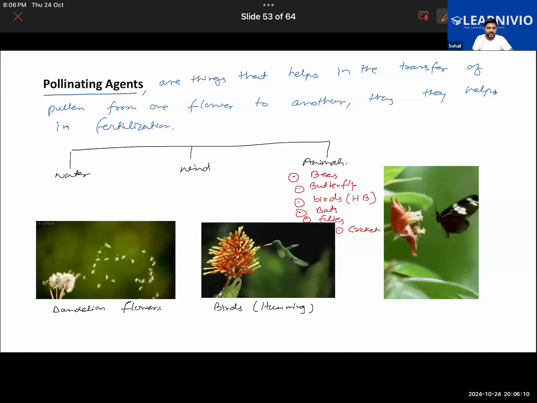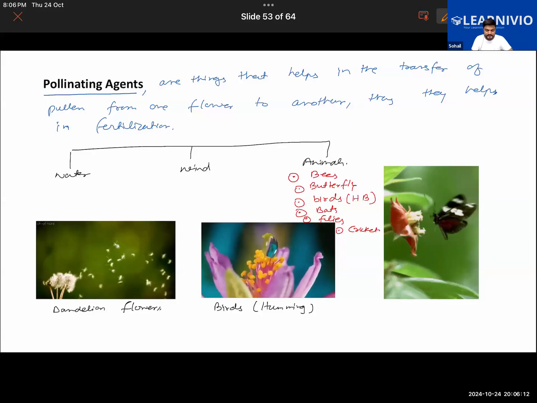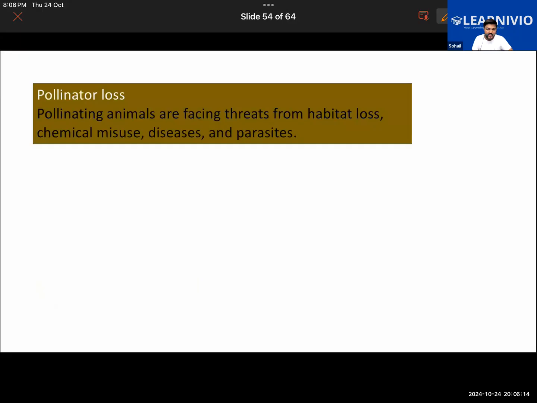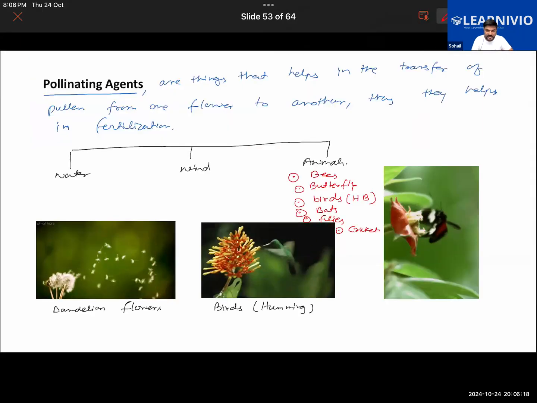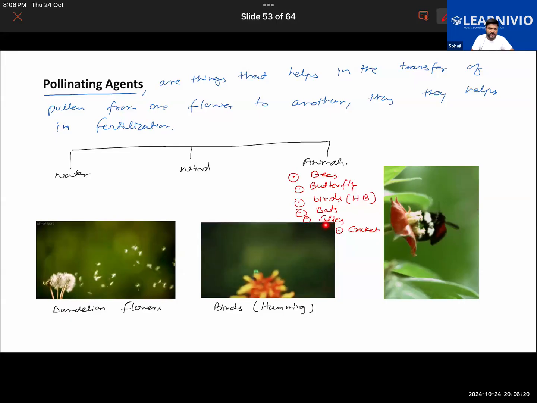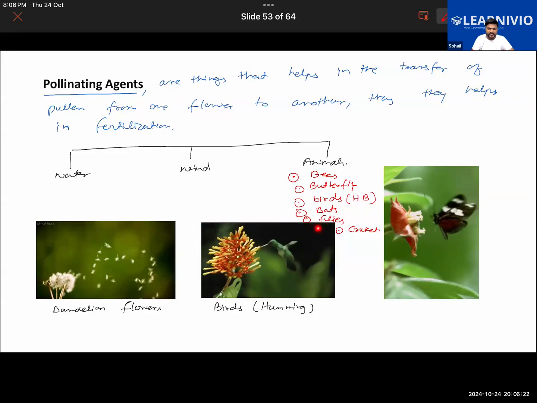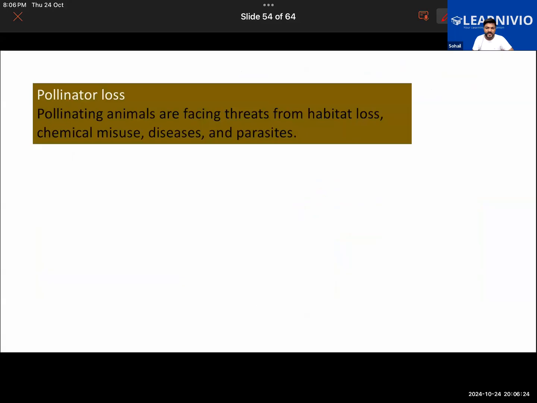We did also learn about pollinating agents. Okay, we have learned about that. Also, these pollinating agents like flies, butterflies, bees, bats, etc. are facing a decrease in population. The pollinating animals particularly are facing threat because of the loss of their habitat.